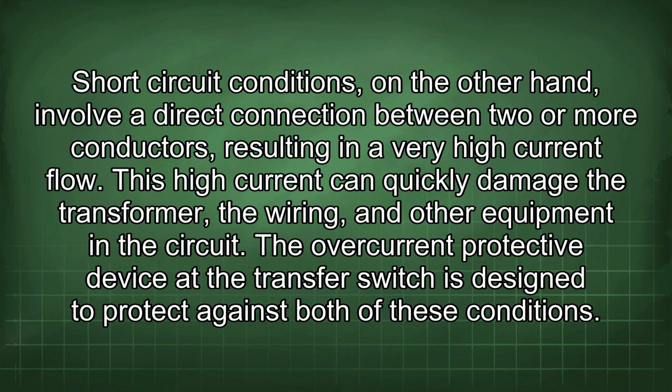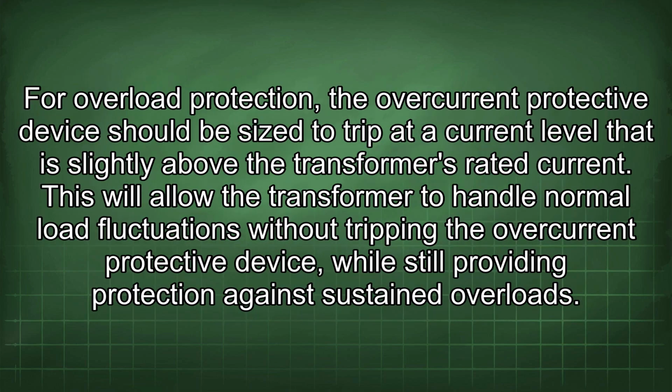The overcurrent protective device at the transfer switch is designed to protect against both of these conditions. For overload protection, the overcurrent protective device should be sized to trip at a current level that is slightly above the transformer's rated current. This will allow the transformer to handle normal load fluctuations without tripping the overcurrent protective device, while still providing protection against sustained overloads.